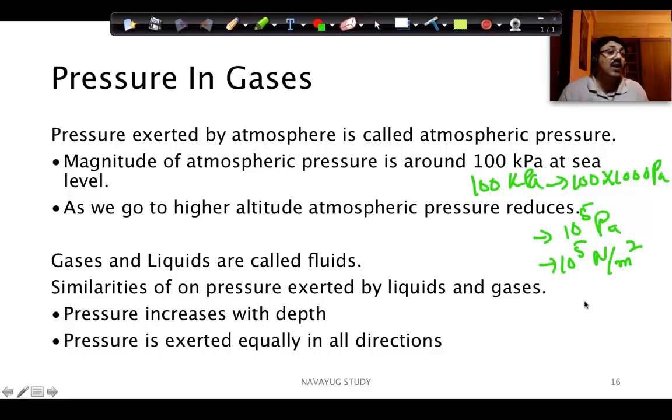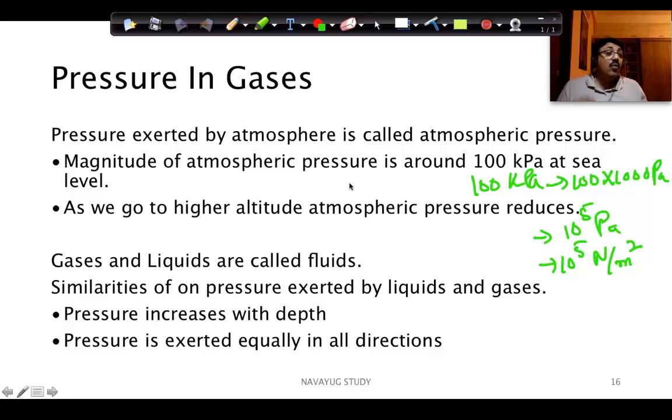So that's the kind of pressure exerted by the atmosphere. It's very high. It's very, very high, right? The pressure exerted by the atmosphere at sea level is 100 kilopascal. That's the pressure at sea level. So from the sea, all those kilometers of atmosphere above it are exerting that much pressure. Okay, clear?